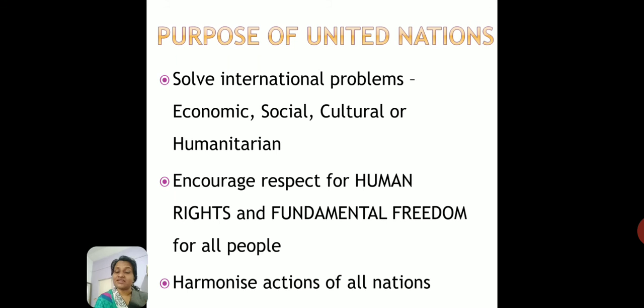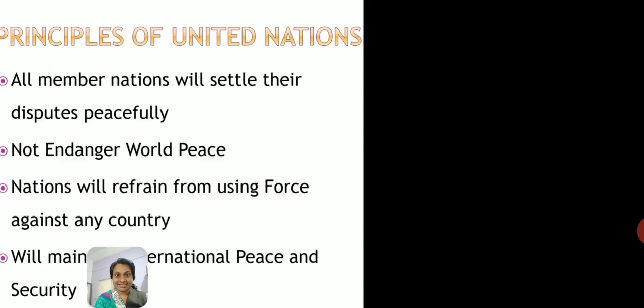And it is to create a harmony among all the actions of the countries of the world. So it tries to bring together the countries, and if there is a conflict or if there is an argument between countries, then the United Nations tries to bring peace, tries to bring them together, tries to make them talk it out. Okay, so these are different things that the United Nations does.